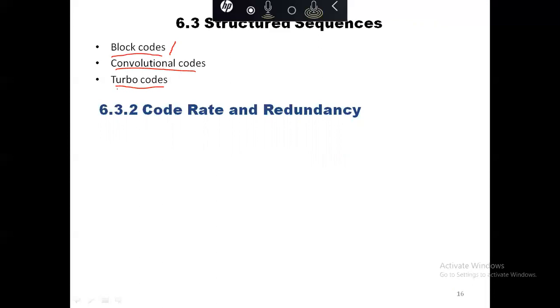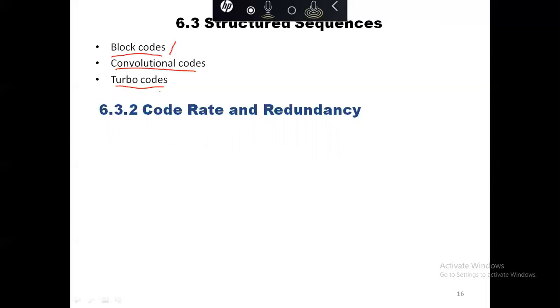The turbo codes have an iterative decoding method. So turbo codes are very fast, and they are used in most of the channels where a low bit error rate is required. The reliability and the robustness of turbo codes is well known.